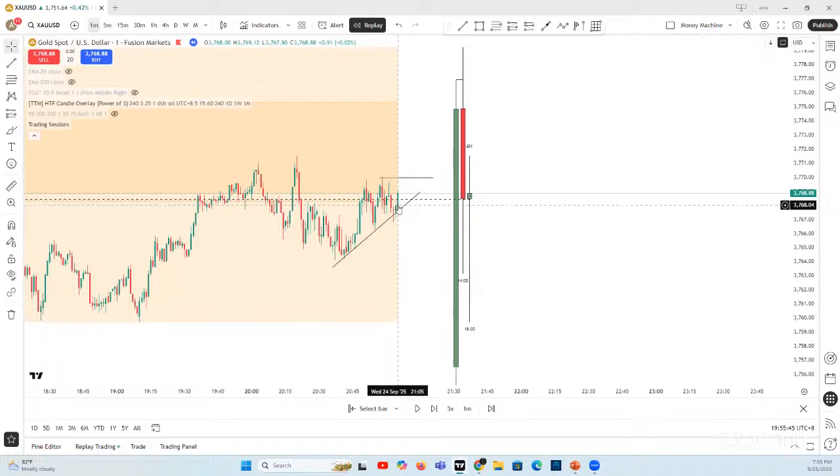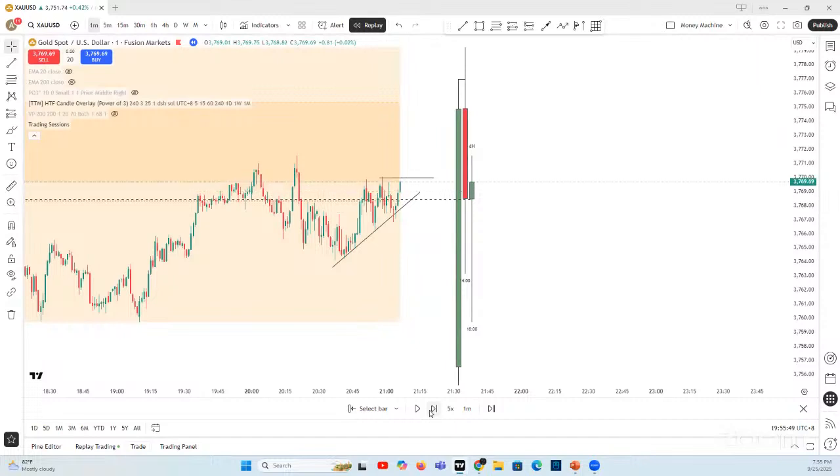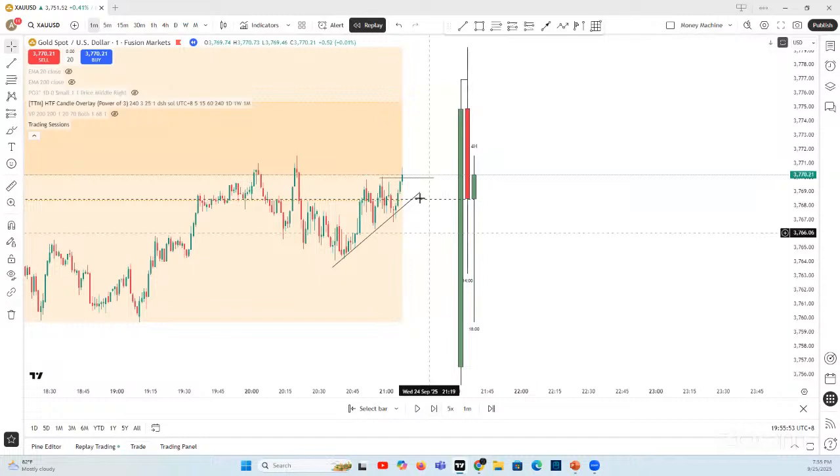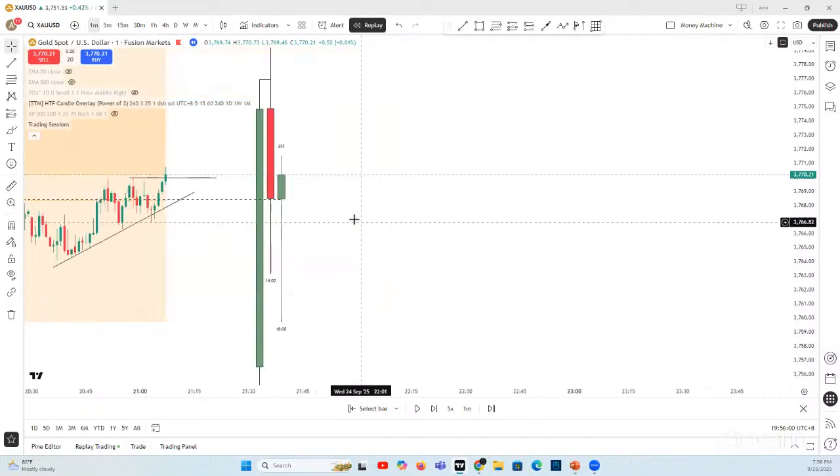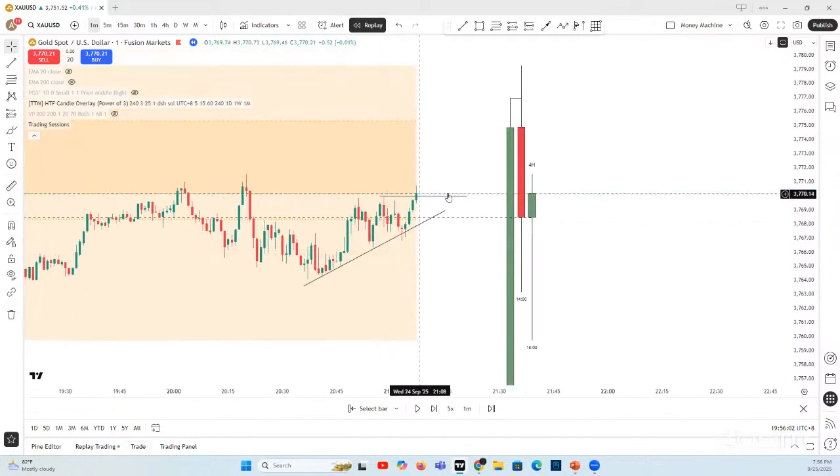All right, now it's 905, 910. There. It made the bullish candle, closing there with the body candle close above that high.